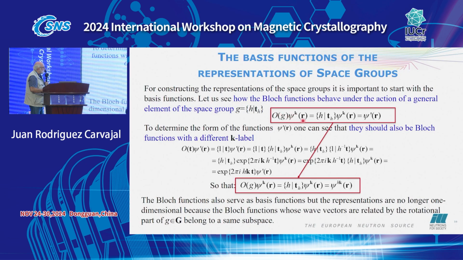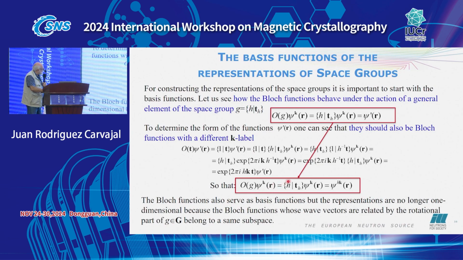This is, for example, a Bloch function if you want. You have this action transform the function. And then the important thing is that when you apply an operator like that, this is the demonstration, but I will not enter on that. The important thing is this is equal.